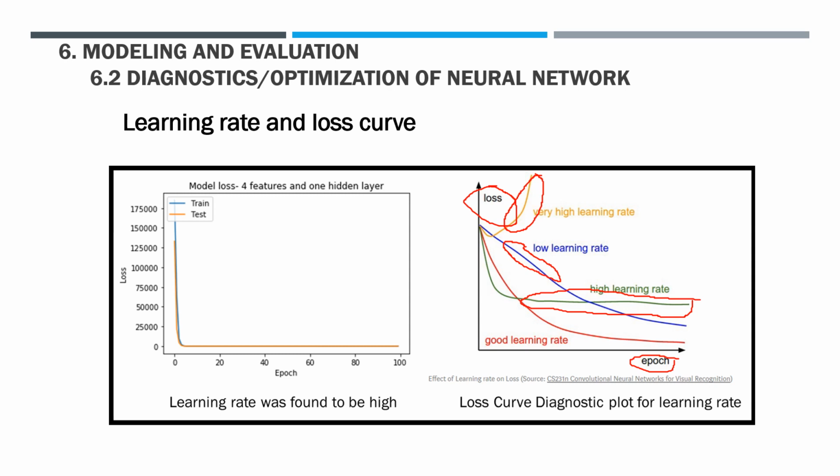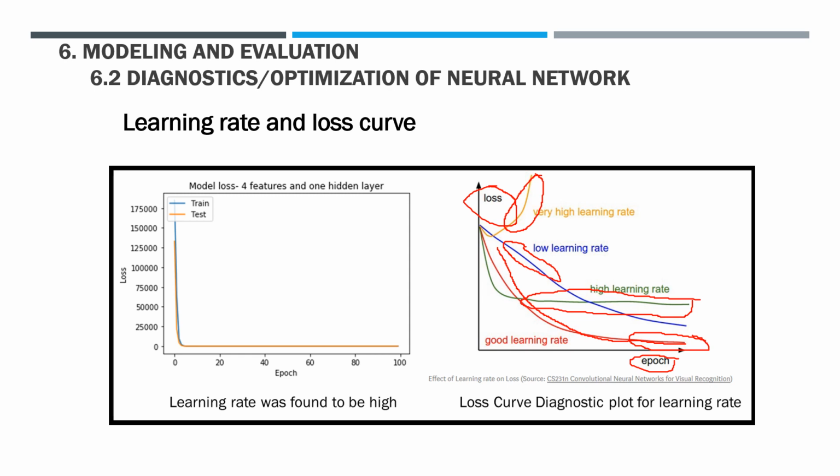A good learning rate is indicated by the curve shown by this red line, where the model gradually keeps converging to the minimum loss until it reaches a stable minimum loss.